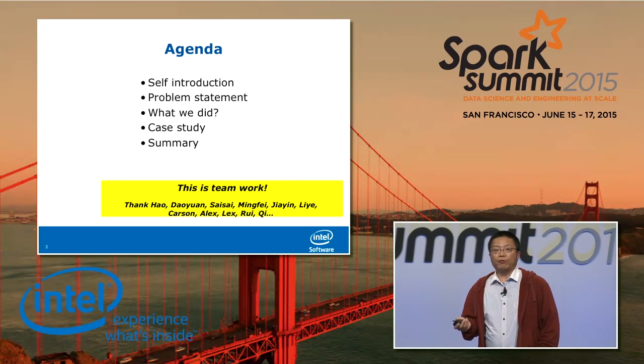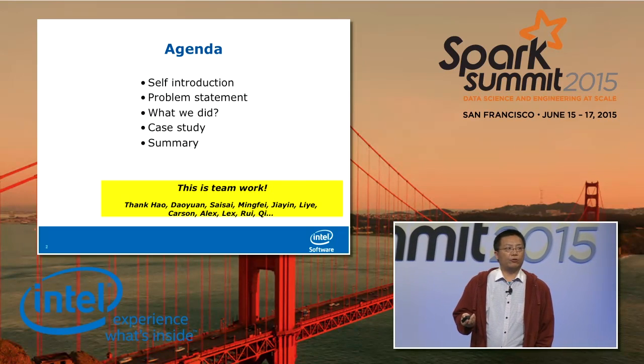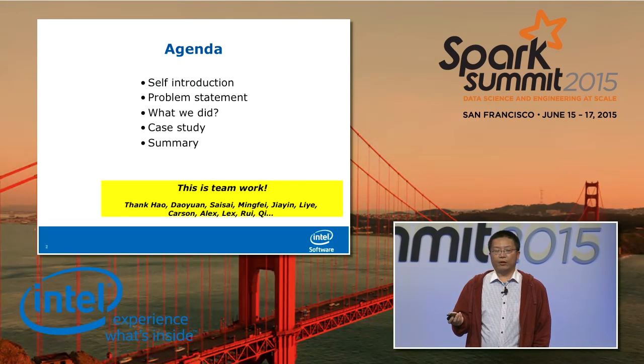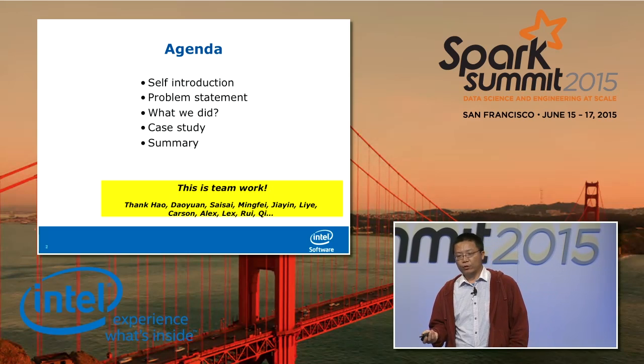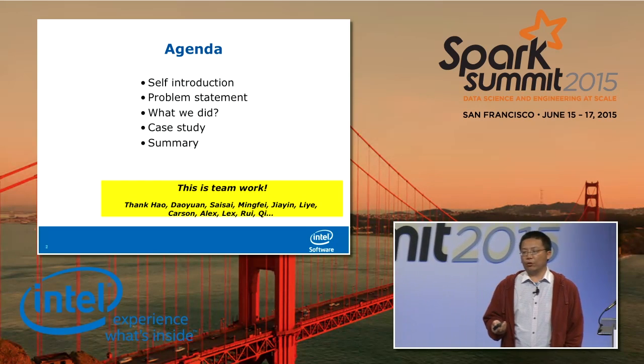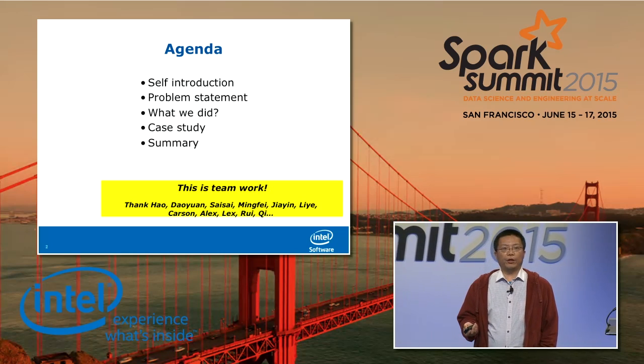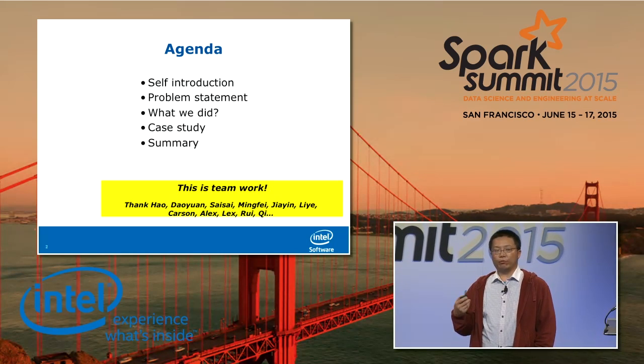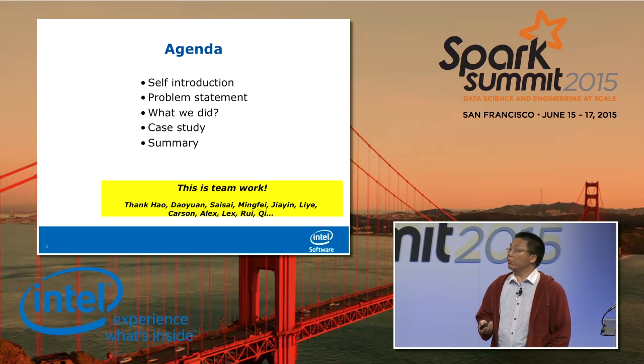So this is the agenda we will talk about. First, we will do a very simple self-introduction, and we will talk about why we are here, the problems we met when we helped our customers tune their Spark performance. Based on the problems, I will talk about what we did in the past one or two years, and what we plan to do in the next several months to solve the problems.